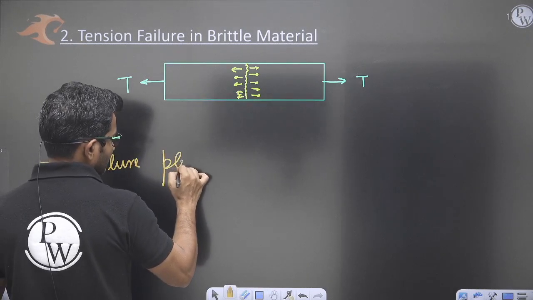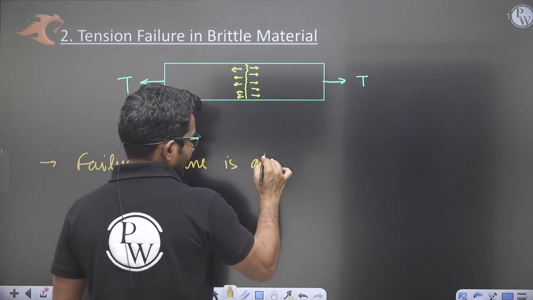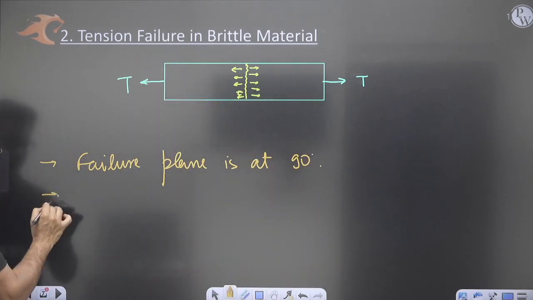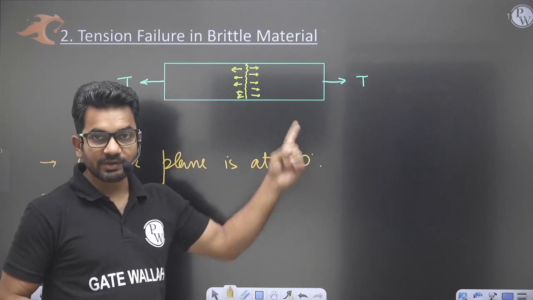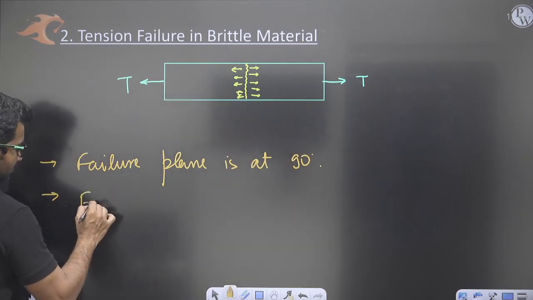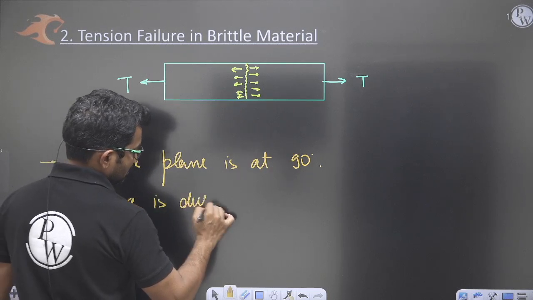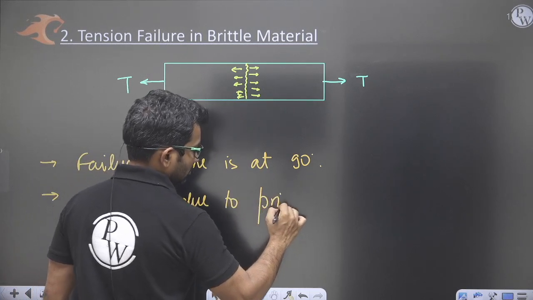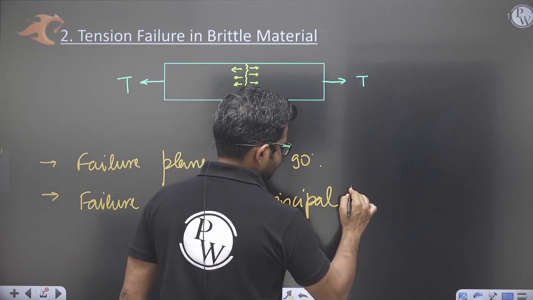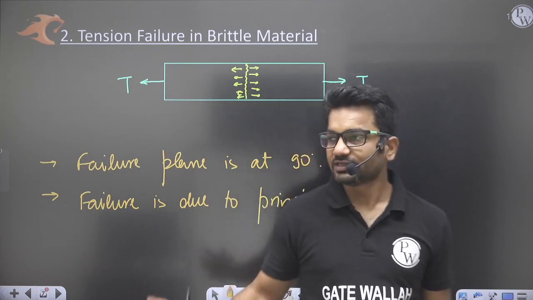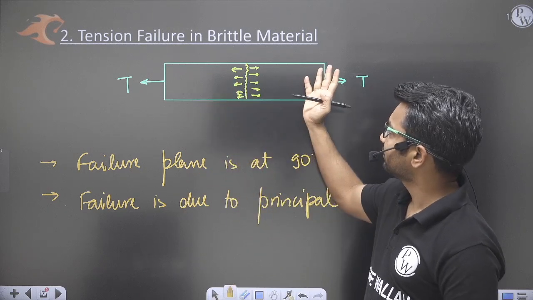Next point, failure is due to principal tension. Okay, so these are the 2 points that you should remember in tension failure in brittle material.